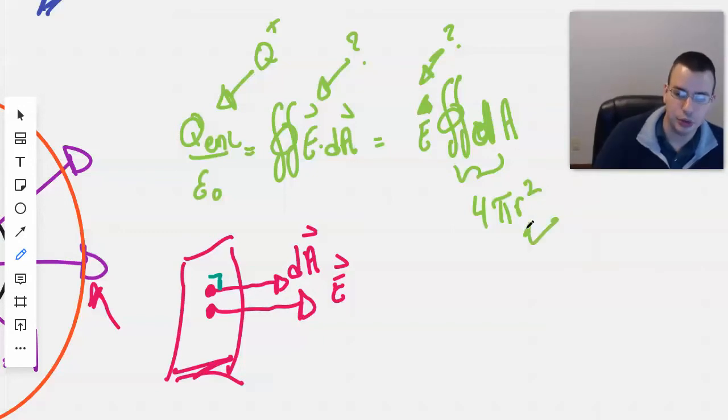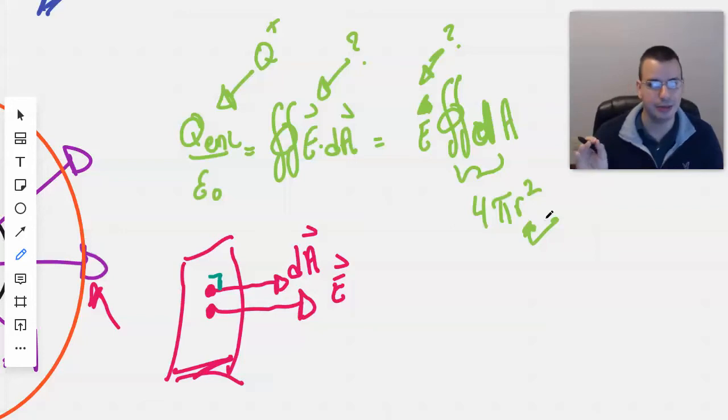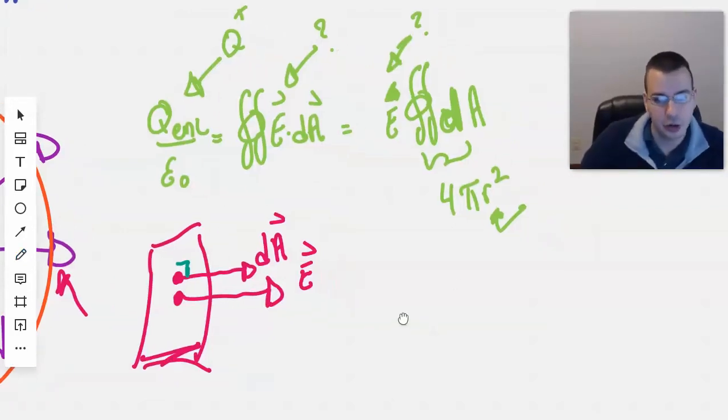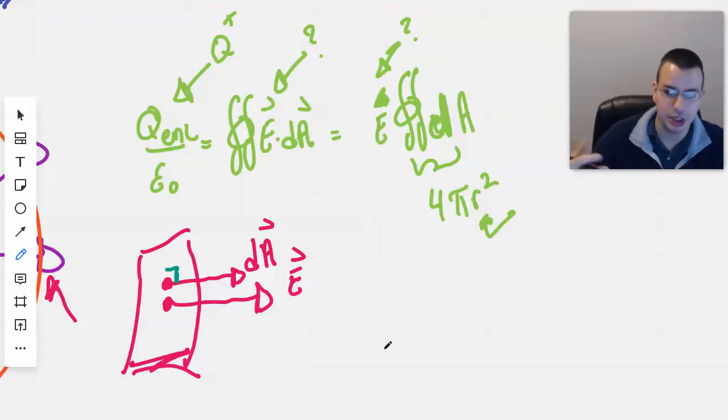A quick sanity check in life that this is maybe possibly correct is that this is r squared. Whereas if this was r cubed, you'd be like, that's probably a volume. This is not a volume, this is a surface area. That's not really showing that you're correct, but it's at least showing that you're not completely wrong.